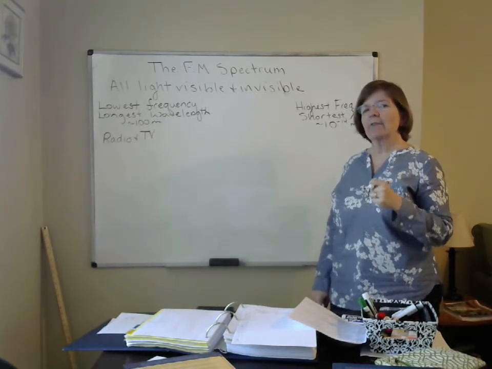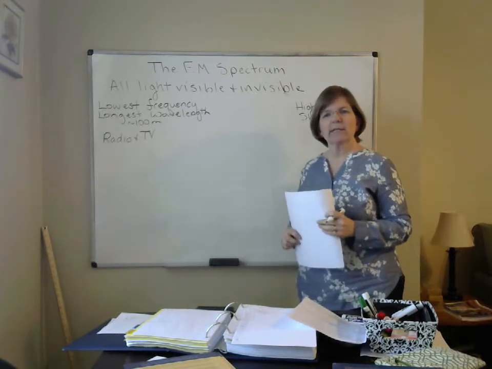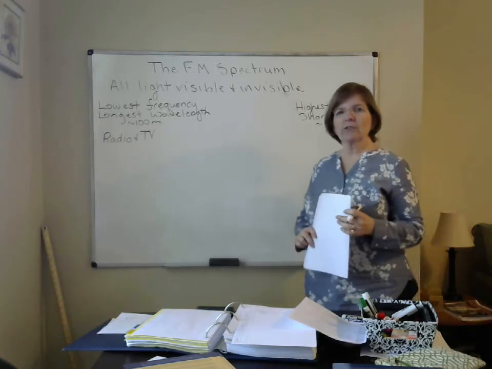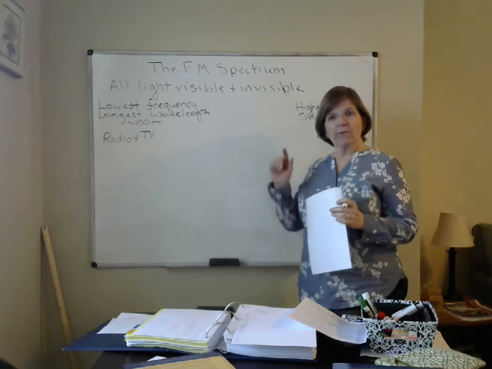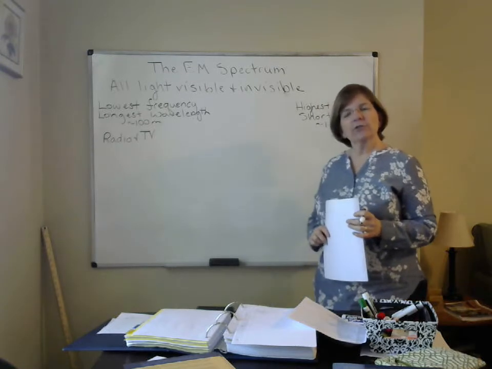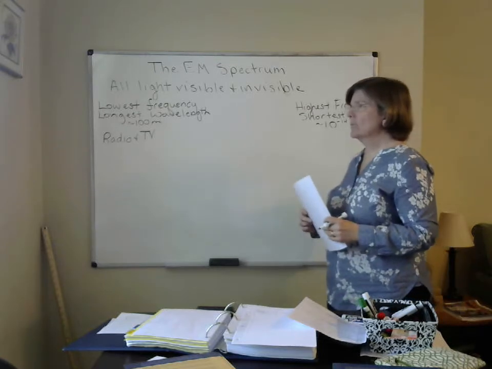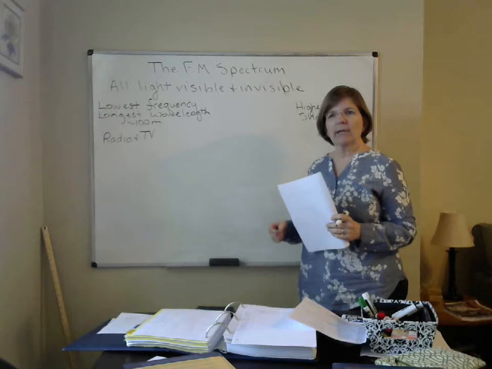We don't have very much broadcast television still. Most of us now get digital television. But for a long time and during my childhood, you had to have an antenna on top of your roof, adjusted the right way, so that you could tune in and pick up television signals. So radio and television are one type of electromagnetic radiation.